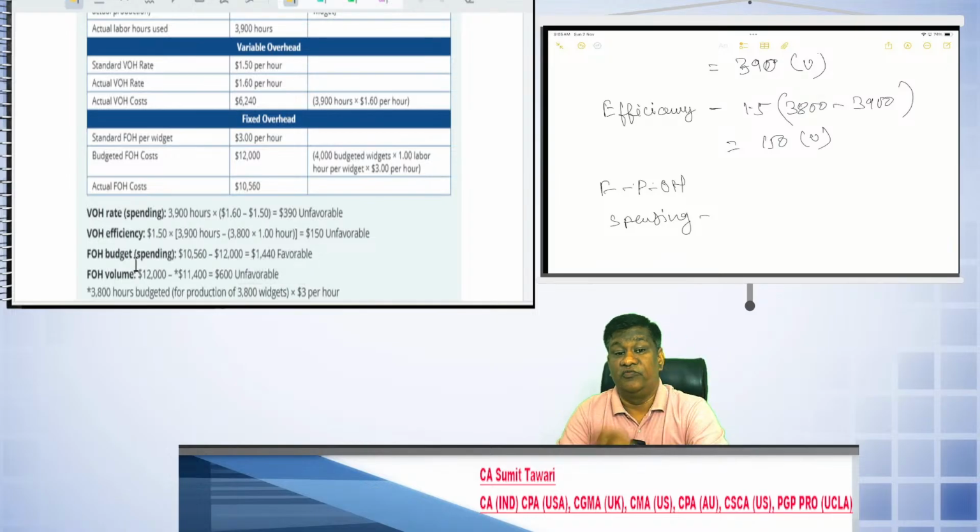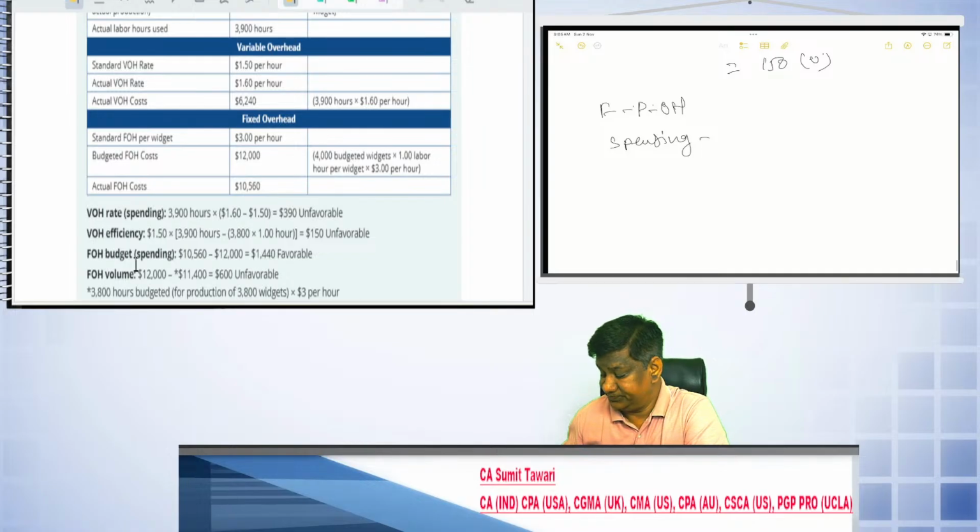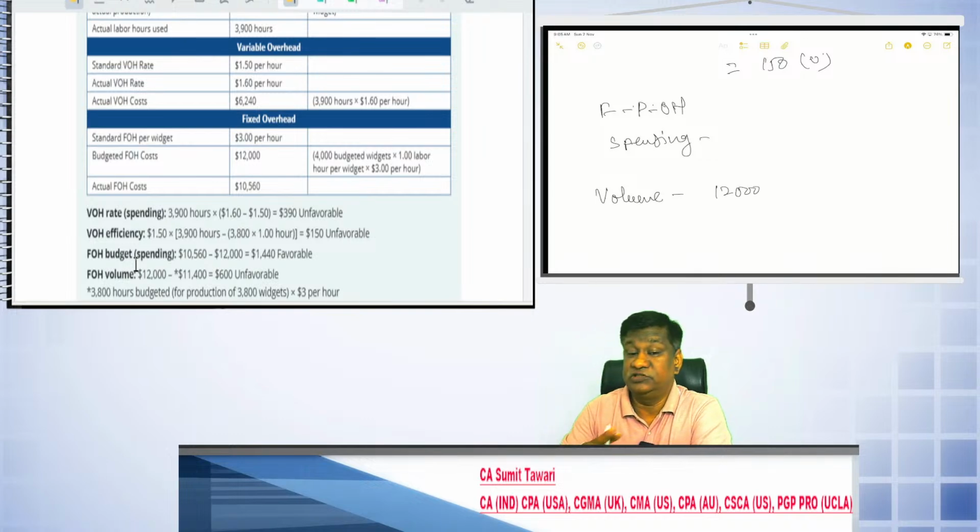For volume, what we need to do is consider my budgeted cost for actual volume. So budgeted fixed cost is 12,000. On that basis the recovery rate is 3 per hour. It is also given, but otherwise you can calculate it, multiplied by 1 labor hour, so it is basically 3 per hour, for 4,000 quantity, but I am able to produce 3,800 quantity only.